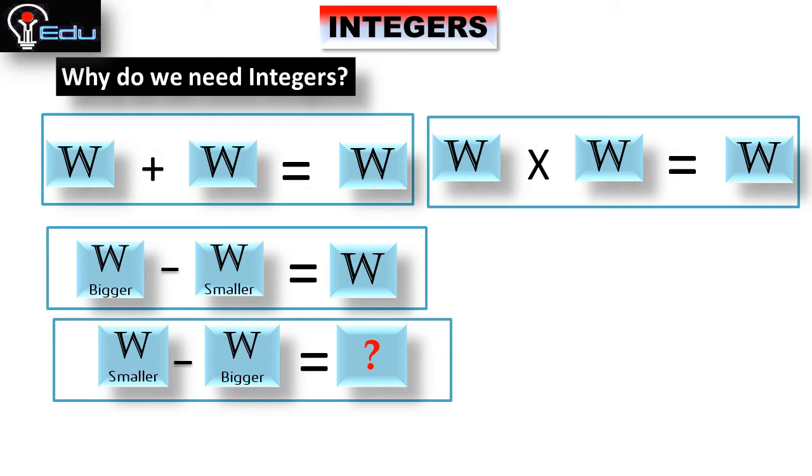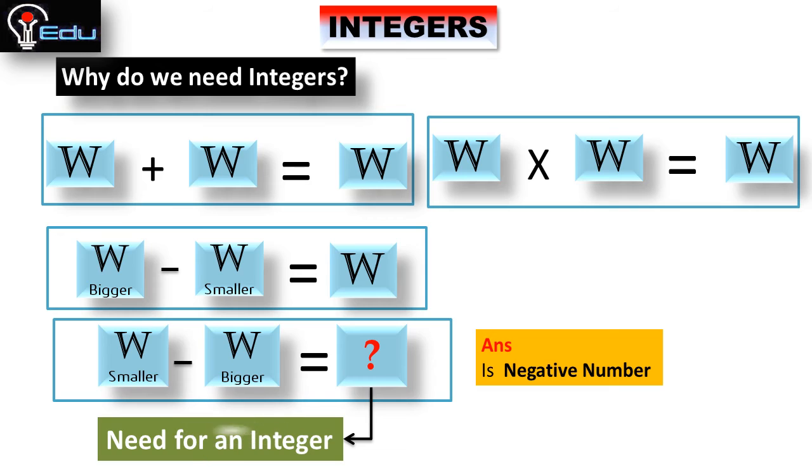Negative numbers means, in integers, the negative numbers are added on the left of the 0 on the number line. So here the answer is a negative number, that's why the need for integers arises. So this is one of the necessities to add integers to the number systems.